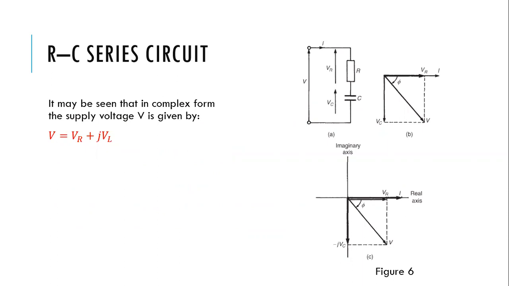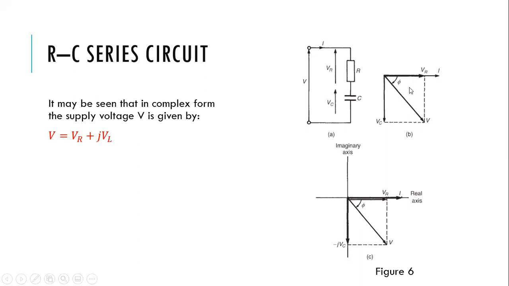Now, since we have considered RL, let's see the RC series circuit. In an AC circuit containing resistance R and capacitance C in series, as shown in figure A, the applied voltage V is the phasor sum of VR and VC, as shown in phasor diagram 6B.